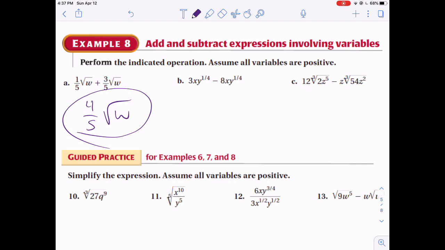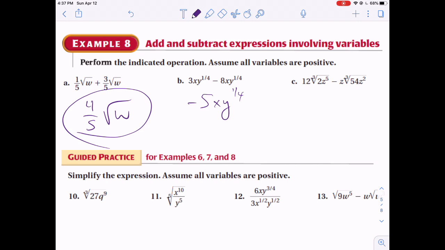Second one is written with fractional exponents. That's okay because you have x y to the 1/4 for the first term and x y to the 1/4 also. So they are like terms right there. And we can keep them in that form. We don't have to change it back to radicals. So it's 3 minus 8, which is just -5, x y to the 1/4.